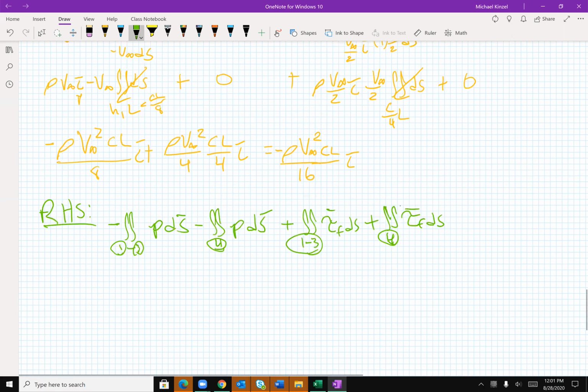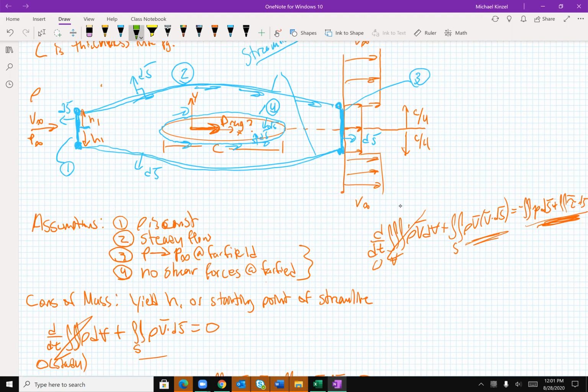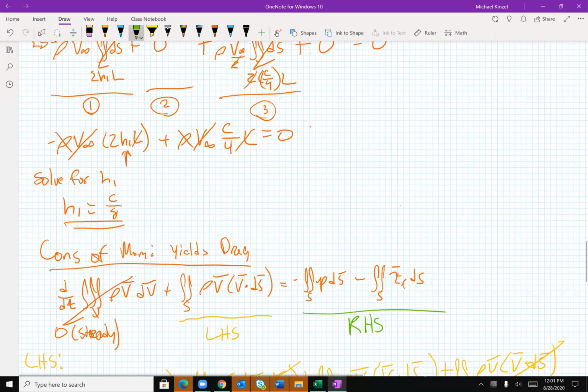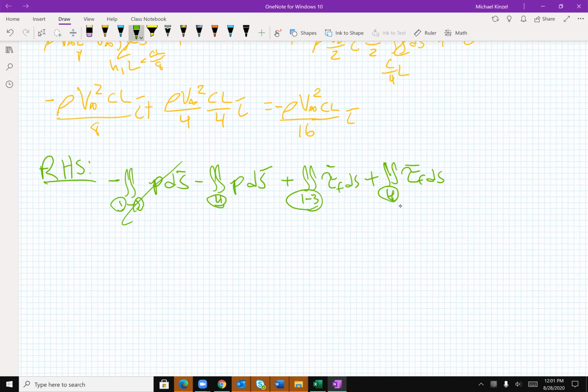Remember in our assumptions, we said that these two things, in the far field, aren't acting. Essentially, all these boundaries are so far that the pressure has come back into equilibrium, and we do not have shear forces acting on it. So without shear forces, this term goes to 0.